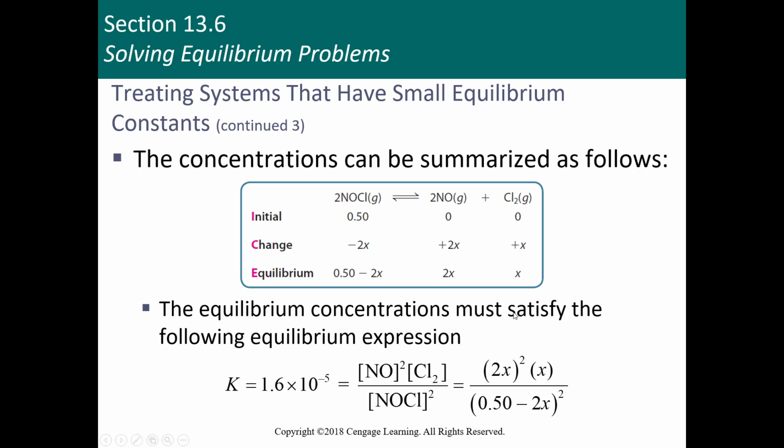So let's think about this a little bit though. So our equilibrium concentrations, when we do this, we substitute these equilibrium concentrations in. And we look at this expression. So we have a 1.6 times 10 to the negative 5, right? That's a pretty dang small number. That's 0.000016. That's very small.